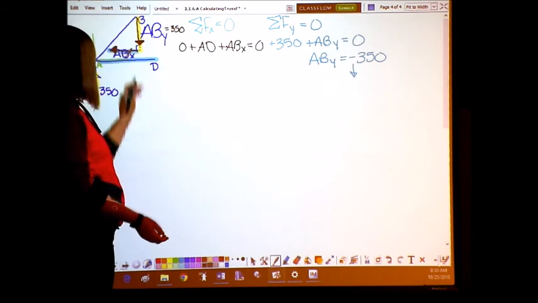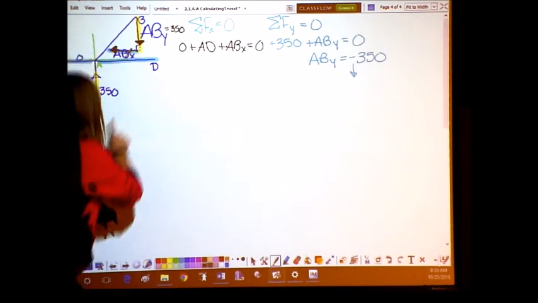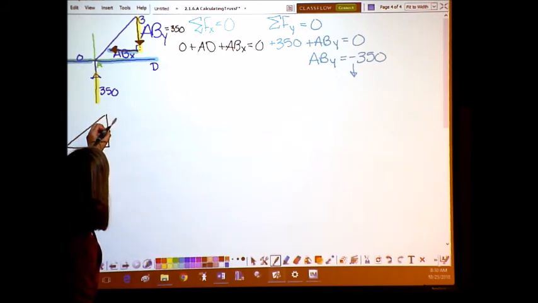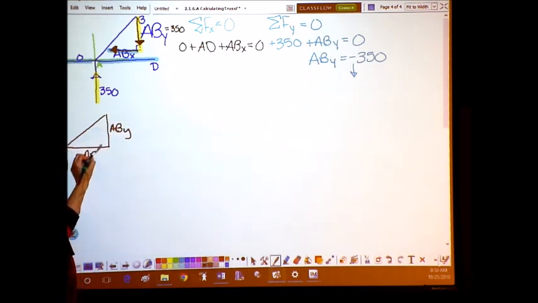I'm going to draw it on the side. So this was ABY, this is ABX, and this is AB. At the beginning, we didn't know any of those 3. Which one of these did we solve for? Did we solve for AB, ABY, or ABX? We solved for ABY.